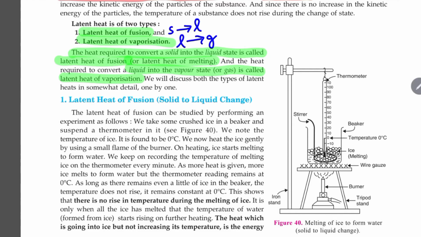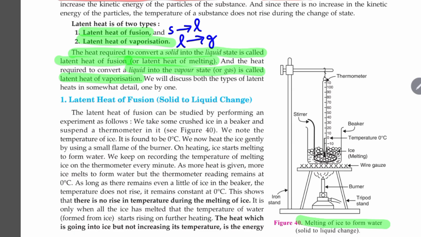This is one experimental demonstration where melting of ice to form water, the solid to the liquid state change, is being shown, where the temperature gradually changes but becomes fixed. Melting of ice means we are changing the ice to the water state.